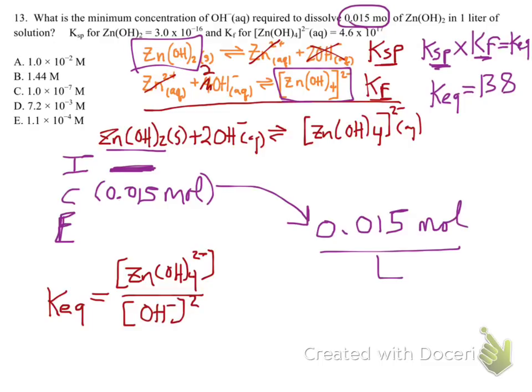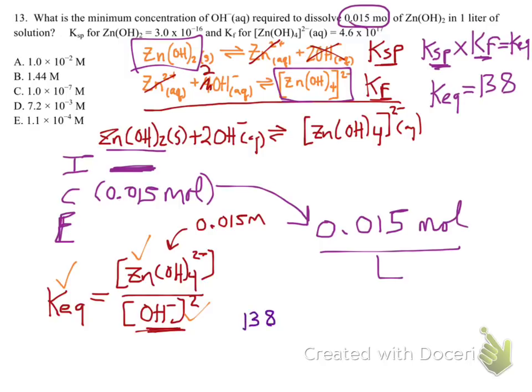So actually, all we really want to know in this problem, long story short, is what amount of hydroxide is needed to coexist at equilibrium with 0.015 molar zinc hydroxide complex. So now we know this concentration, we know the end molarity that we want, we know our KEQ, we can solve for hydroxide. Let's do just that.